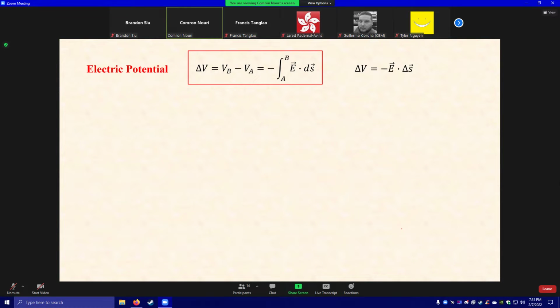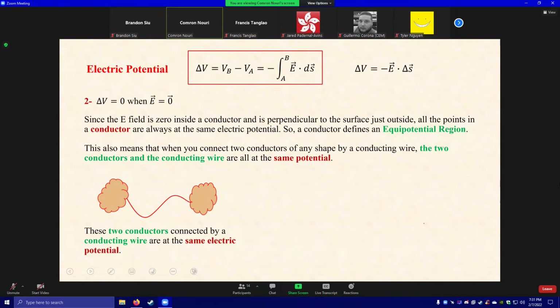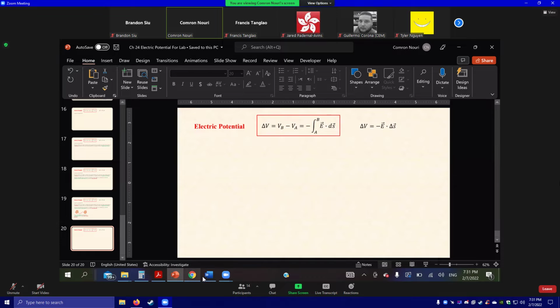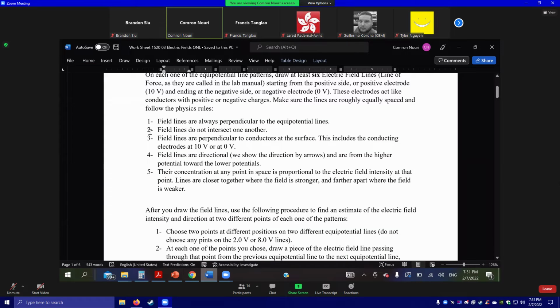All right. So that is why, for example, if you go back to the worksheet, it says field lines are always perpendicular to equipotential lines.